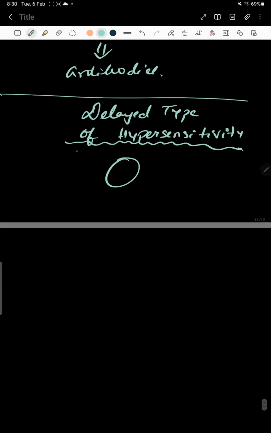Suppose this is an antigen presenting cell. It can be a macrophage, a dendritic cell, or a B cell. Now there is some TB or leprosy bacteria, which is mostly intracellular, and the protein is broken down by proteasomal machinery and presented on the cleft of MHC2.